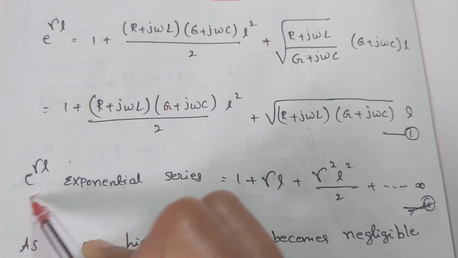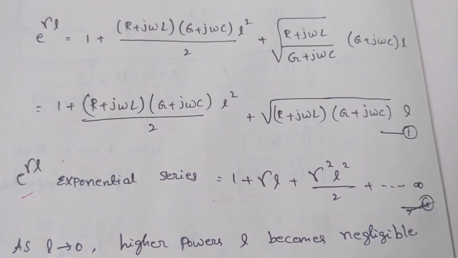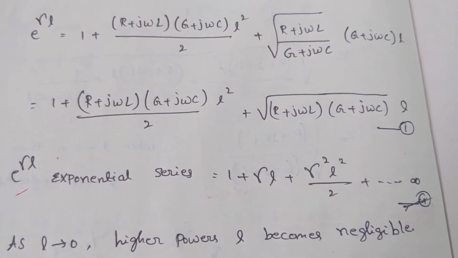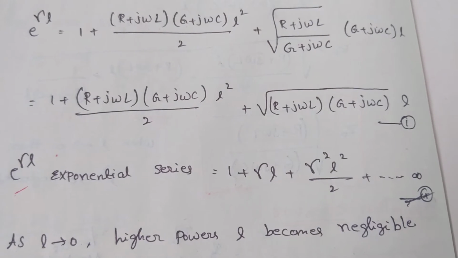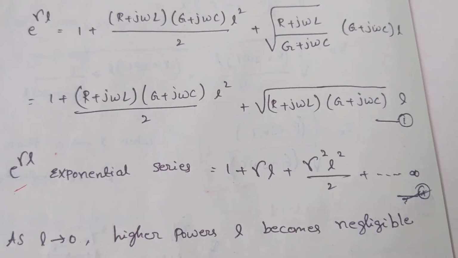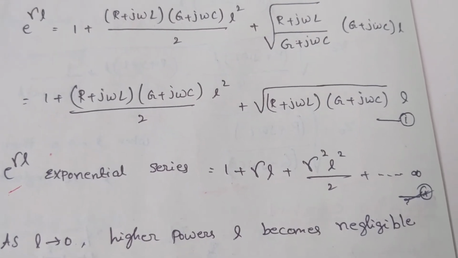When you go for the exponential series, as per your M2 or M3, you have the sin x series or the tan x and cos x series.